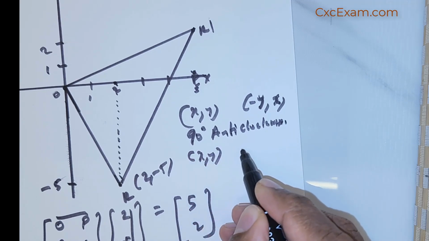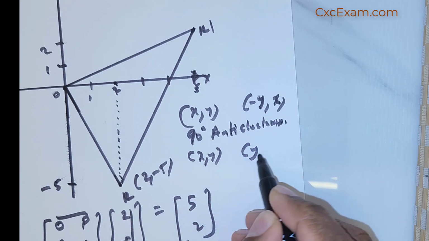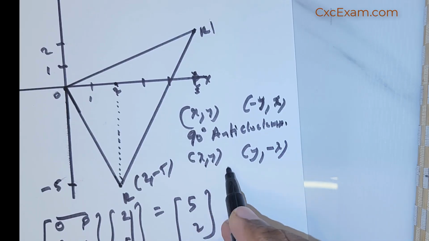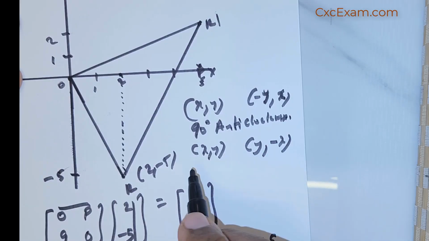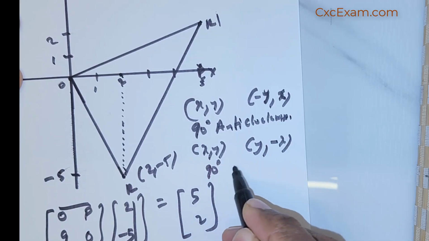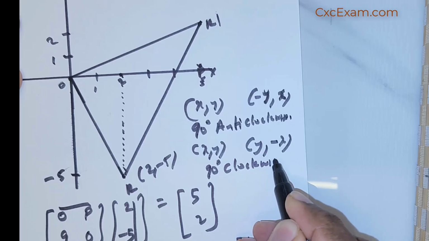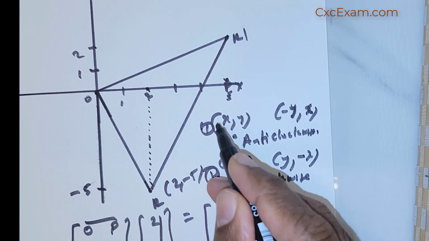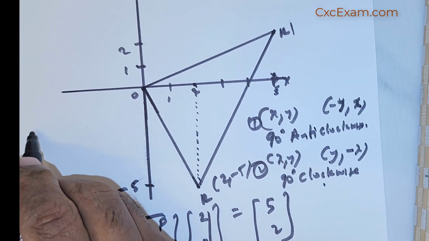Now if x comma y is becoming y comma negative x, then this is called a 90-degree clockwise transformation. So this is 1, this is 2. Now there is a third type. Let me put the third type.